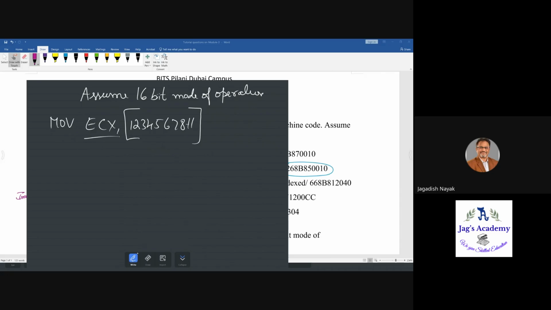Of course, there's a violation, right? There is a violation of register size. There's a violation of offset address size.